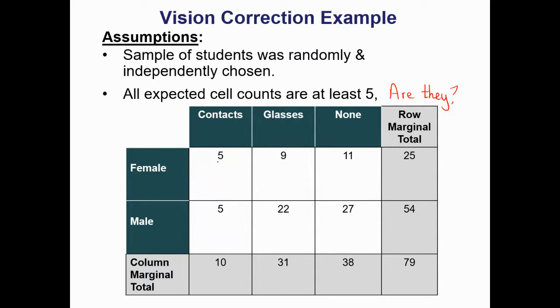So, how would I calculate the expected cell count for females with contacts? It's 10 times 25 divided by 79. So I'm gonna write that here.